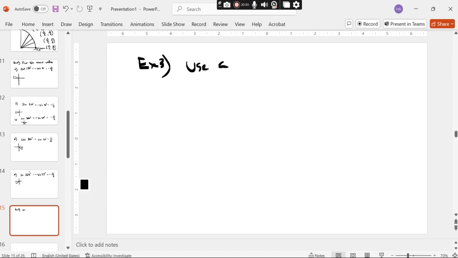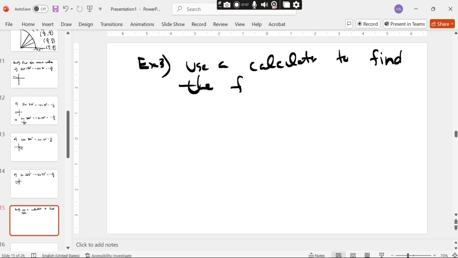Use a calculator to find the following. A. Okay, start off, let's go with the sine of 133 degrees.